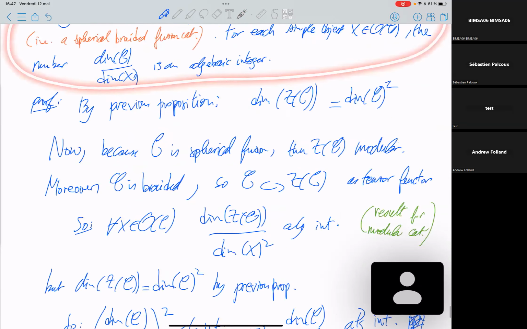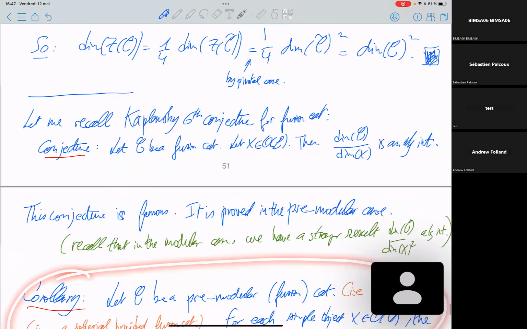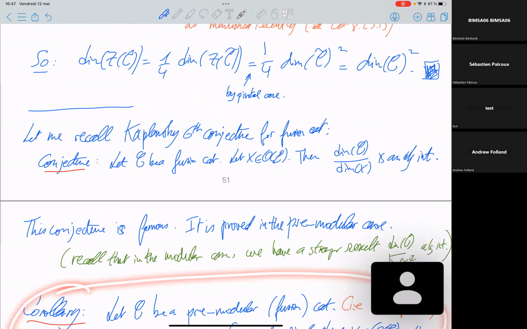That's why we call that Frobenius type, or one Frobenius. So a fusion category satisfying this property is called a Frobenius type or one Frobenius.